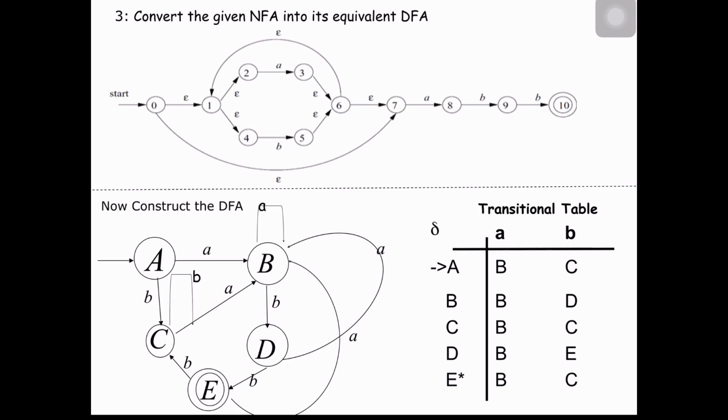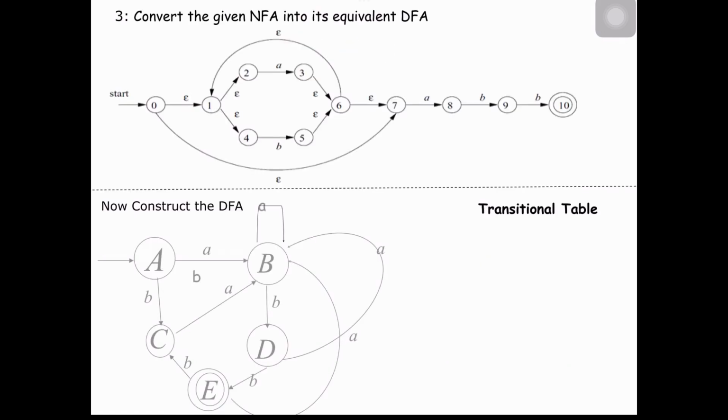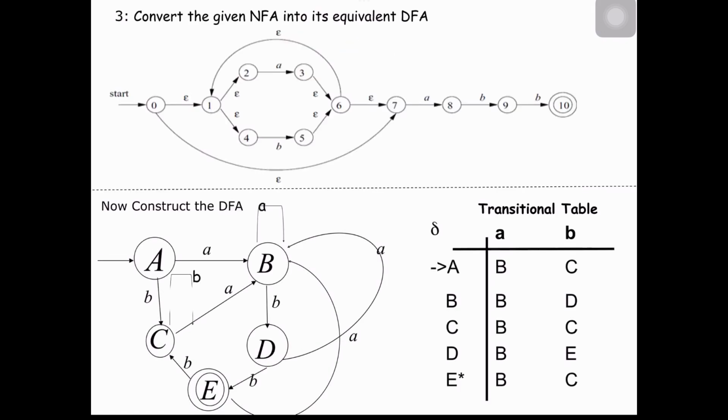Similarly for all of these. Why is E a final state? E is a final state since E contains the final state of the given Epsilon-NFA, so that's the reason you have made it.